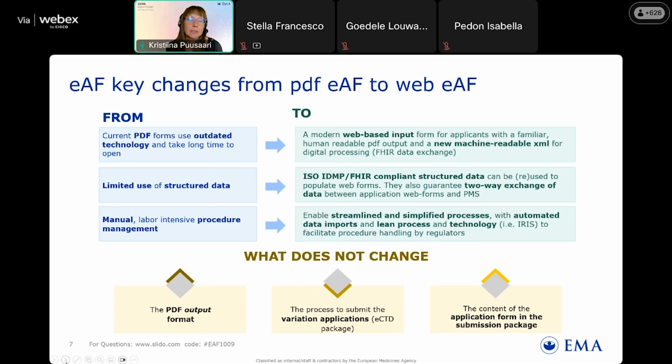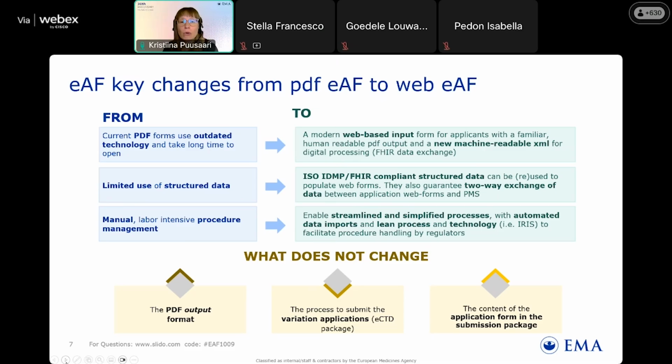In the interactive PDF form, which is kind of outdated now and based on proprietary PDF technology, there is a limited use of structured data. Of course, there we already attempted to use as many SPOR elements as possible, but now with the PLM Portal web-based form, we are really benefiting and using all the parts of SPOR: the substances, products, referentials, and organization.